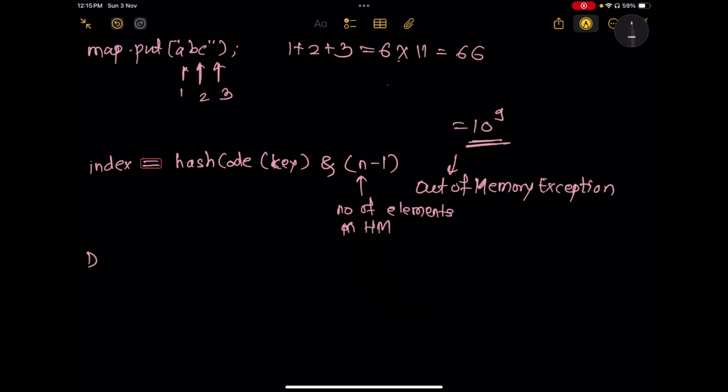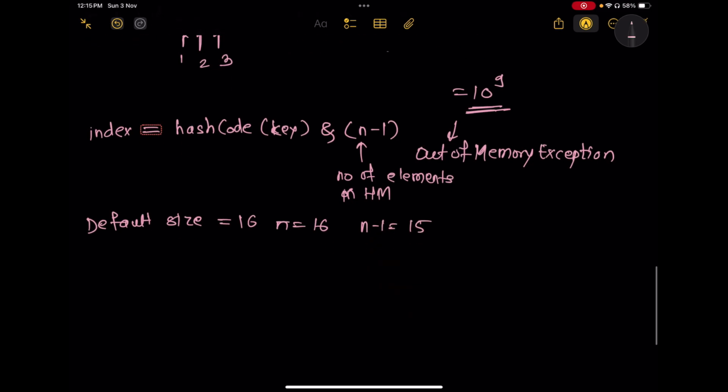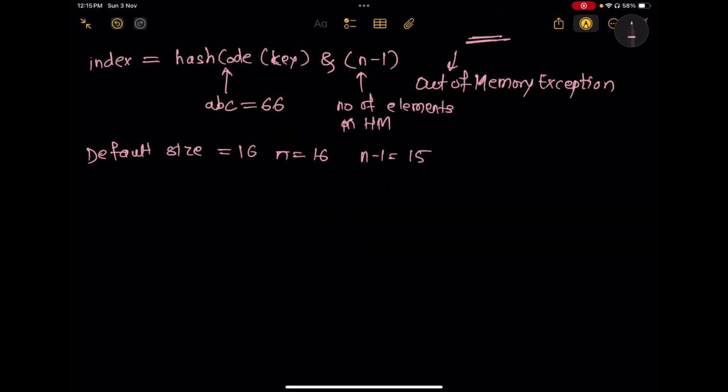The default size of our hash map is 16, so n is 16 in this case, and n minus 1 is equal to 15. The hash code of ABC was 66, and n minus 1 is 15. The binary representation of 66 is 1000010. The binary representation of 15 is 1111.